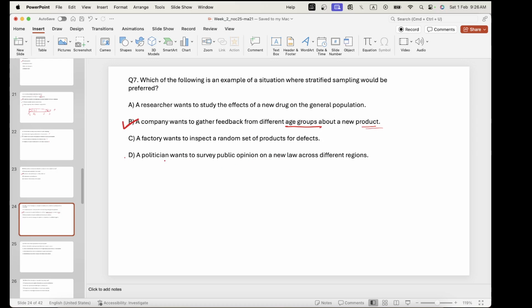But here what the politician is doing is collecting across different regions. The politician is not dividing into regions and then sampling randomly, but here they are specifying age groups and they are sampling from different age groups. So option B is the more accurate one.